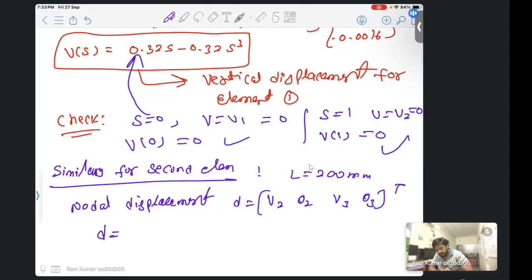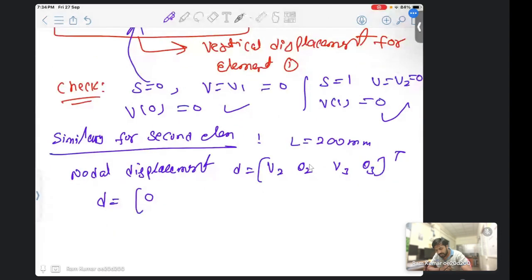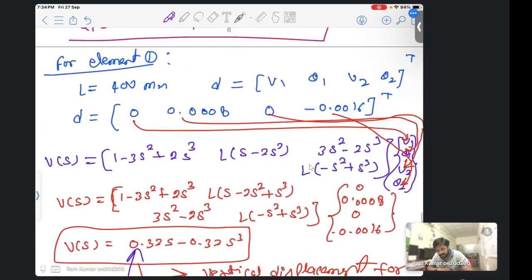So d will be v2, which we calculated as 0, theta 2 is minus 0.0016, v3 is 0, and theta 3 is 0. Again we are going to use the same equation, so we have to use this equation again here. So I will copy it.